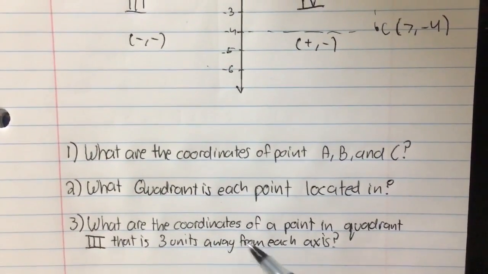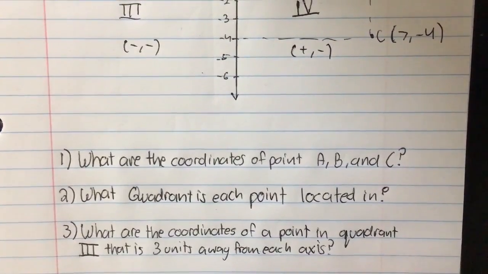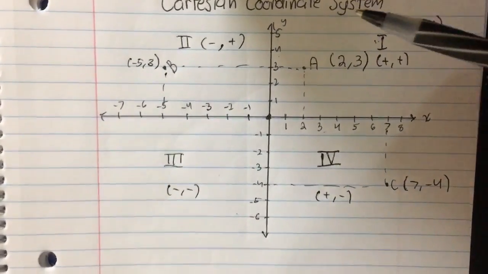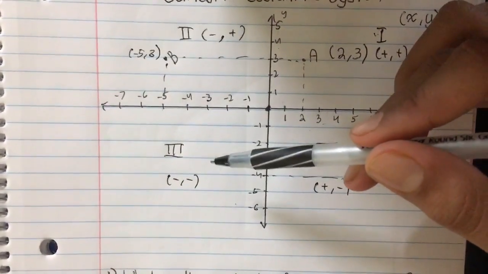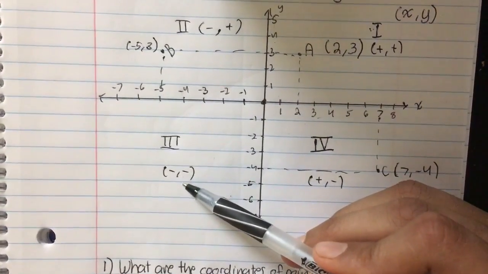Question 3. What are the coordinates of a point in quadrant 3 that is 3 units away from each axis? It's asking us to find a point that is 3 away from each axis in quadrant 3. One thing we know is it will be double negative.